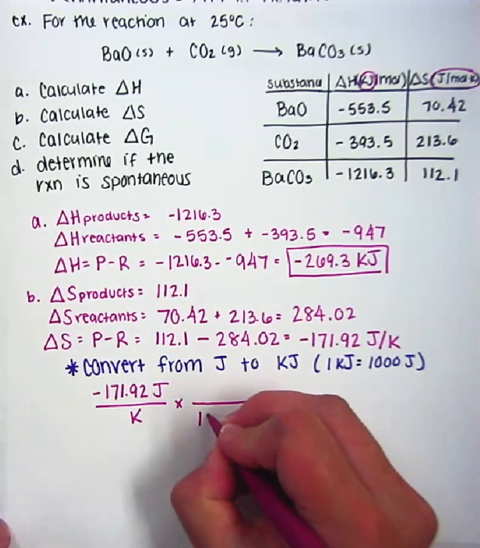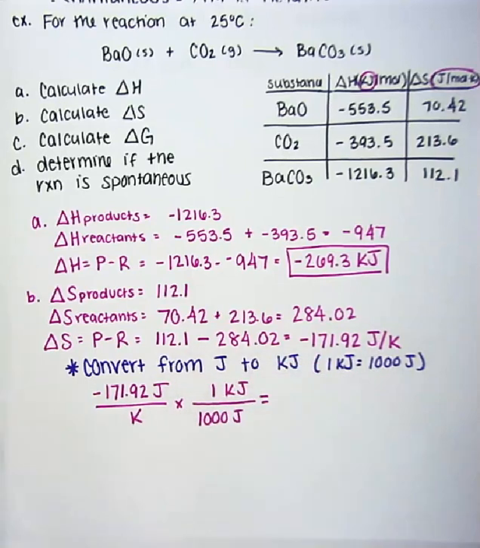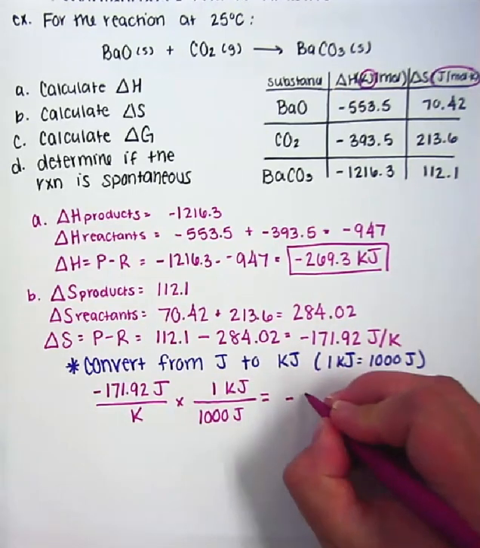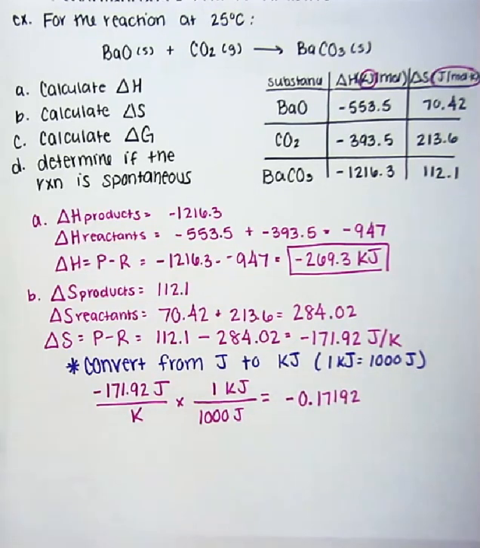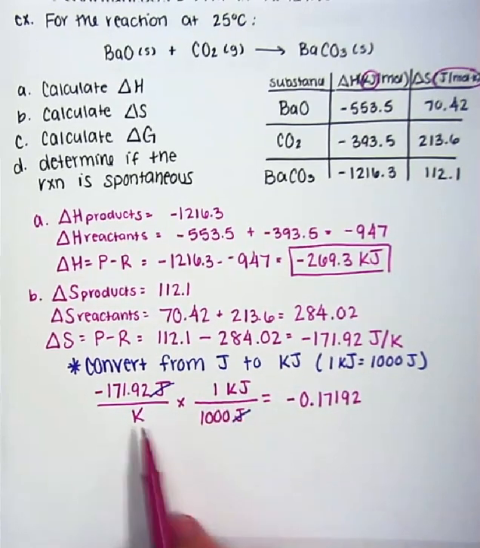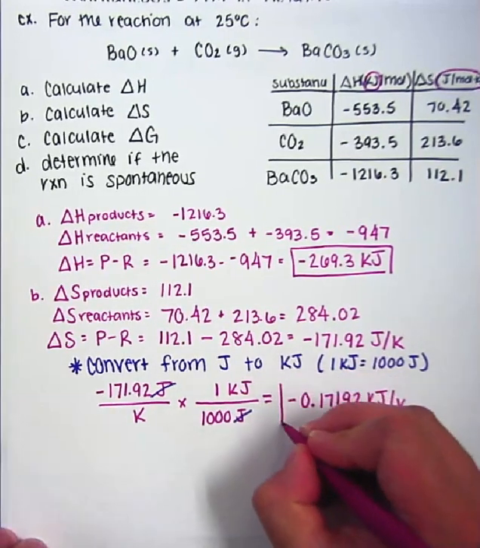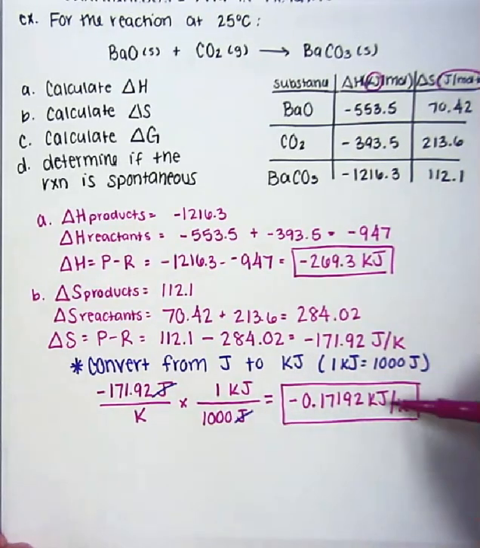So 1,000 joules will go in the denominator per every 1 kilojoule. So multiply by 1, divide by 1,000, I would get negative 0.17192. Joules will cancel out. Kilojoules per Kelvin. This will be really important once we get to Gibbs energy. We need to make sure that our enthalpy and our entropy have the same units.